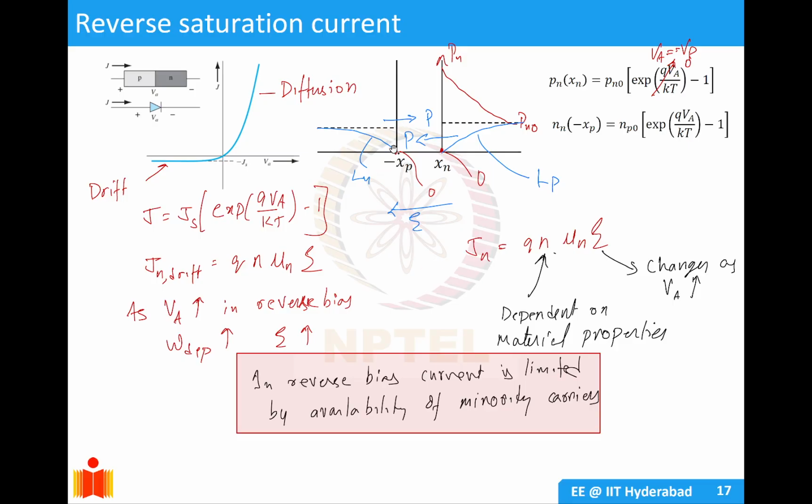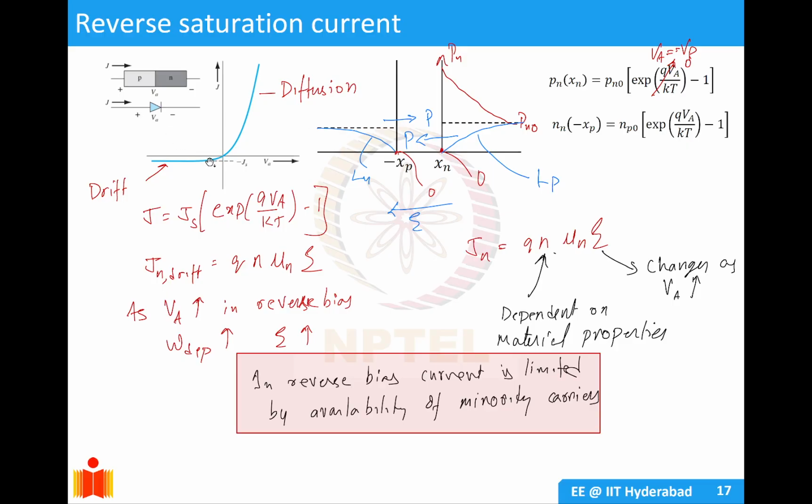But this only increases till the point your minority carriers get depleted at the edges of the junction, and then they become saturated.